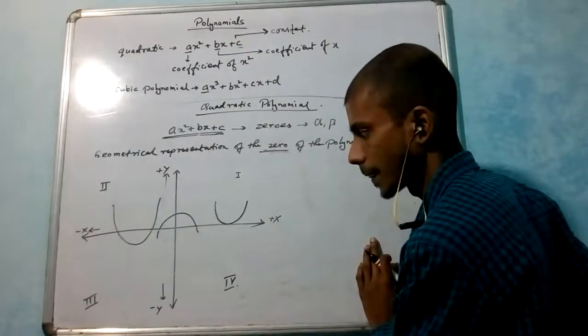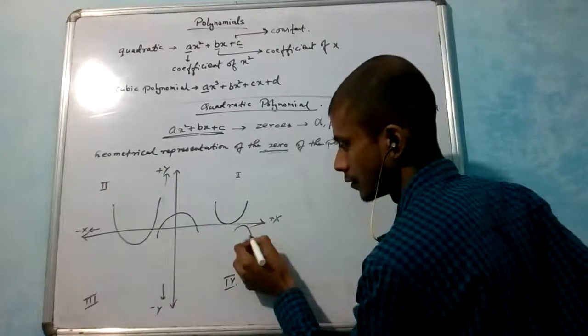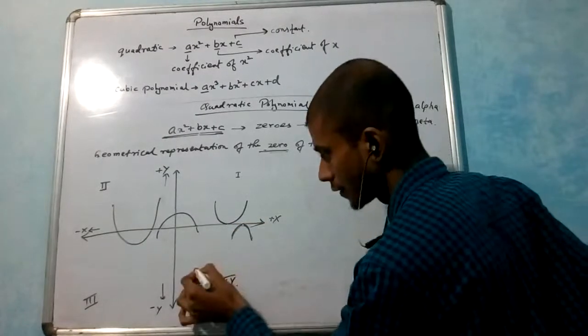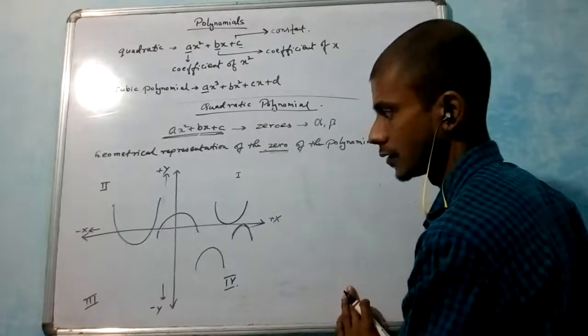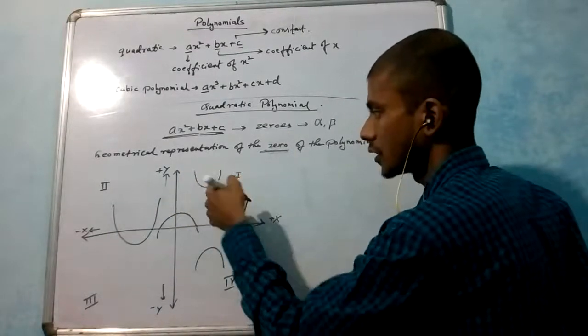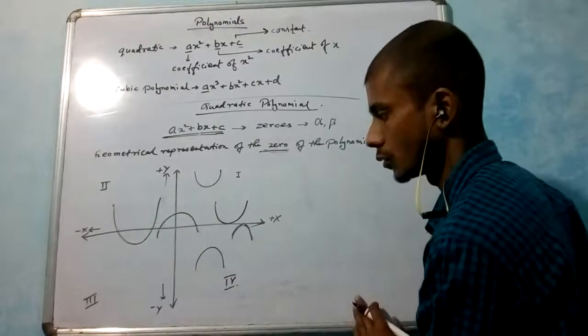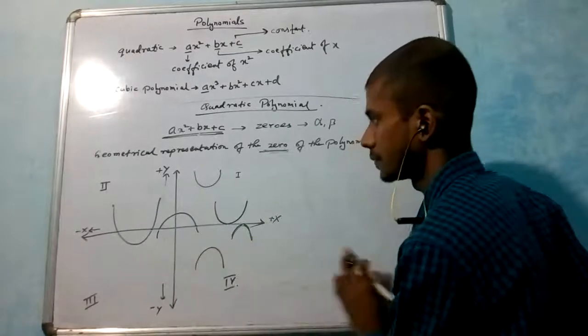We can even have the parabolic curve like this, or like this. How many zeros in this case? No zeros for these 2 polynomials.